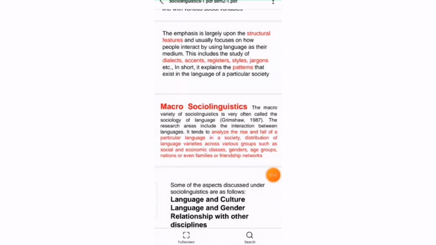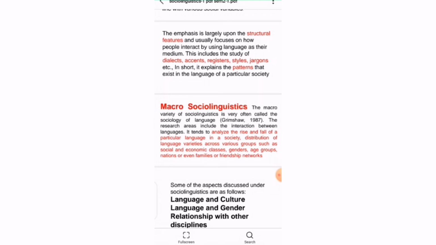We also study further fields under the domain of macrosociolinguistics, like large variations and changes that occur within a language. How these variations occur, we will see in macrosociolinguistics, like pidgin and creole. What is pidgin? Pidgin is a contact language. It is composed by combining two or more different languages.